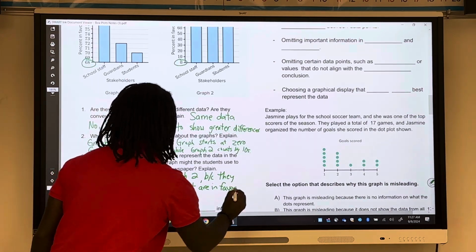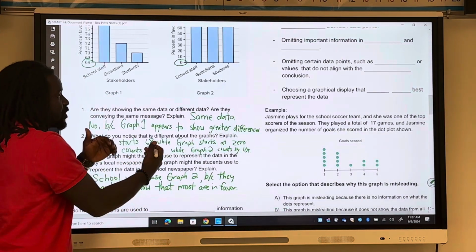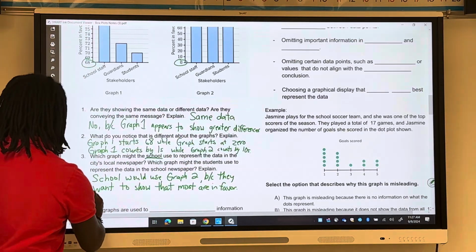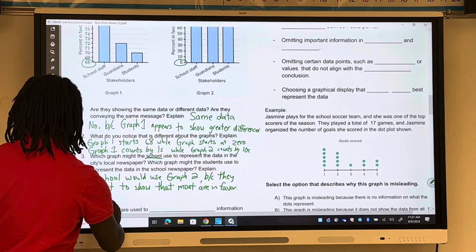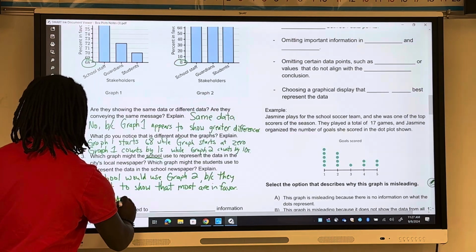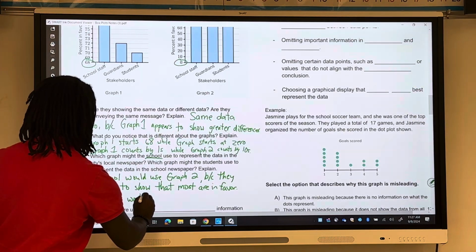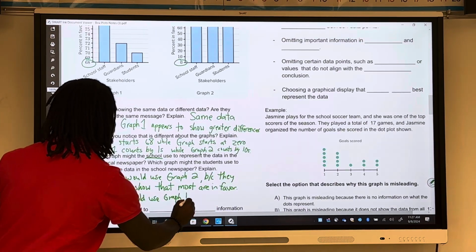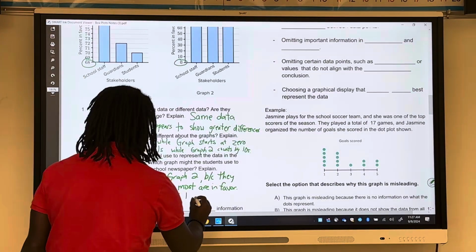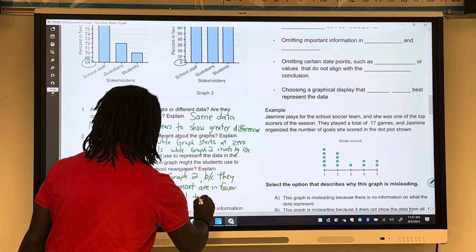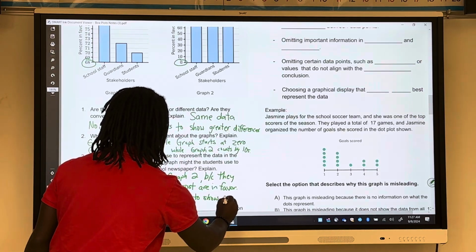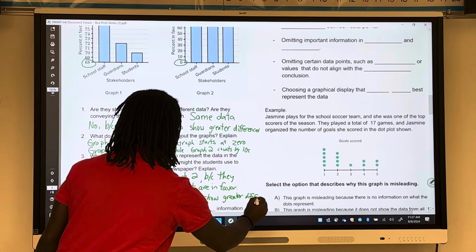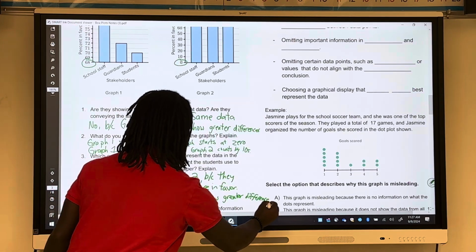In other words, I said that most are in favor, showing that there's less of a difference, okay? And then the students would use graph 1 because they want to show that there's a bigger difference. Okay.